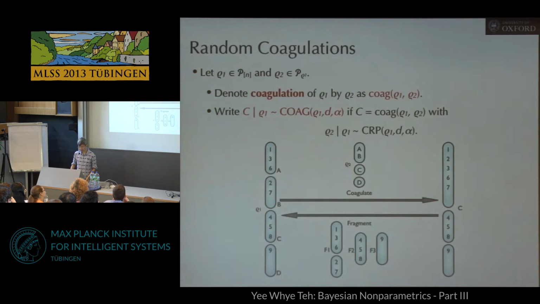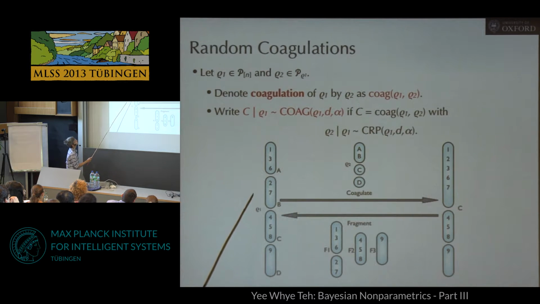Okay. So that's fragmentations. We can now go the other way, where we can try to describe a hierarchy using a sequence of coagulations now. So again, I would like to start off by describing what might a random coagulation be. As I said, we can describe a coagulation using a partition too, where the elements of the partition basically correspond to clusters in the partition that you're interested in coagulating. Okay?